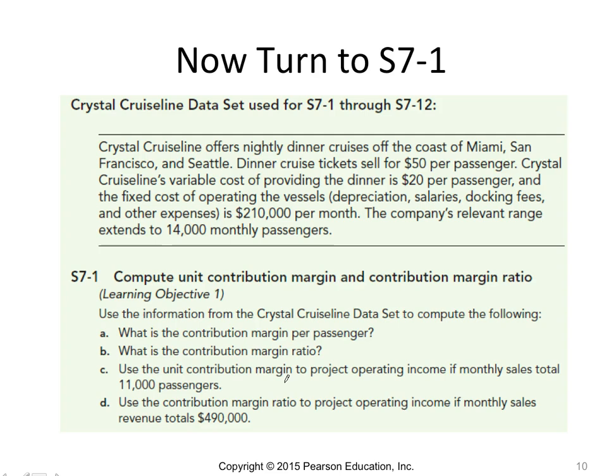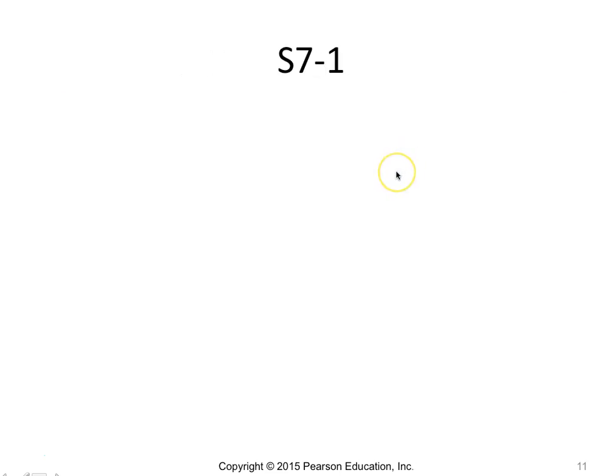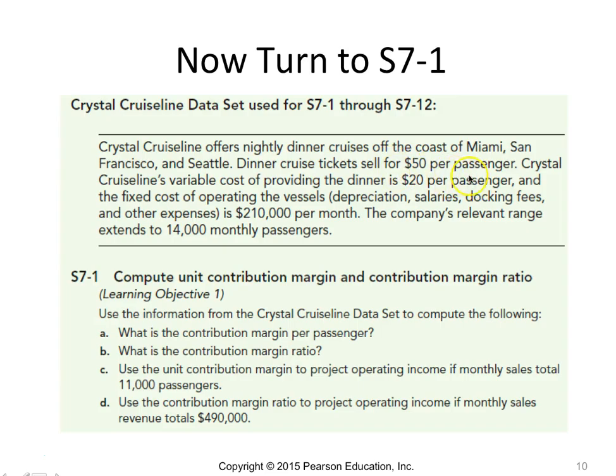All right. So here's an example. Again, it's a very simple example. Crystal Cruise Line offers nightly dinner cruises off the coast of Miami, San Francisco, Seattle, and so on. Dinner cruise tickets sell for $50 per passenger. The variable cost of providing the dinner is $20 per passenger.